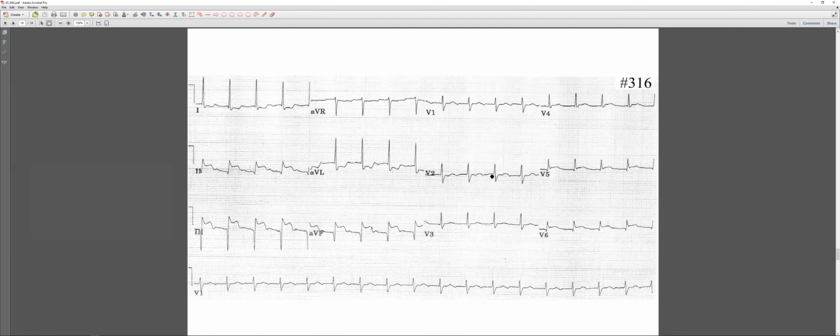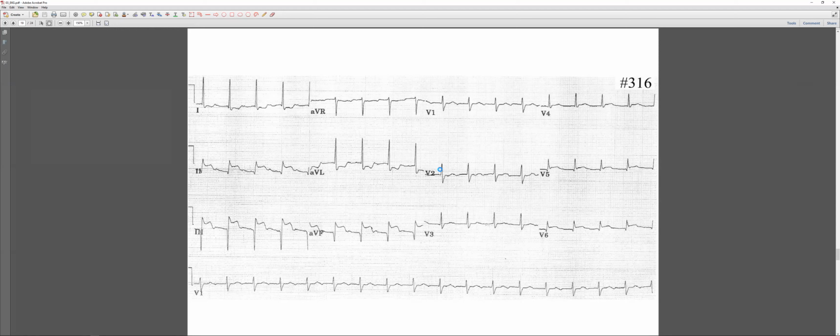Okay. Oh, and I didn't say the axis. So if lead one is positive, it's the left side, so we look at AVF, it's negative, so it's the left side. And then lead 2 looks positive, so it's an extreme left deviation. No. Sorry, if positive, it's left deviation.